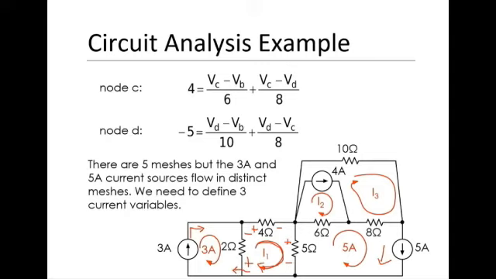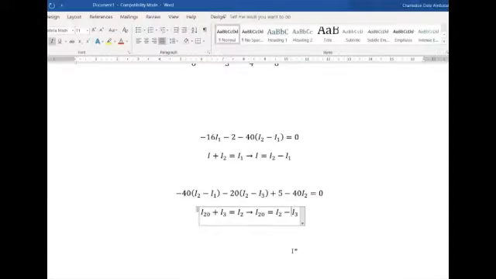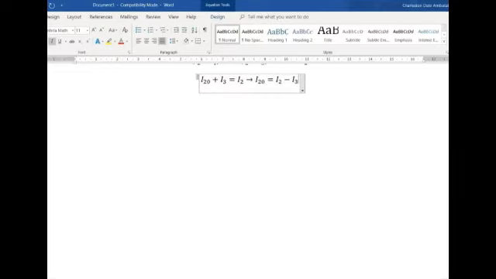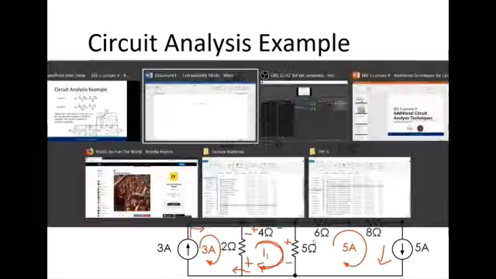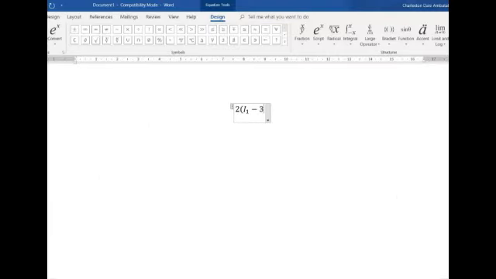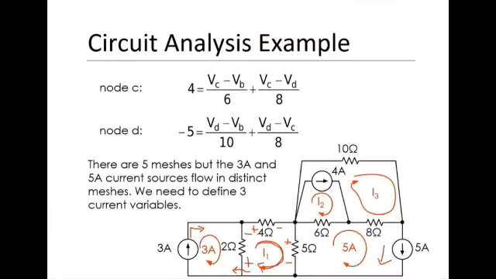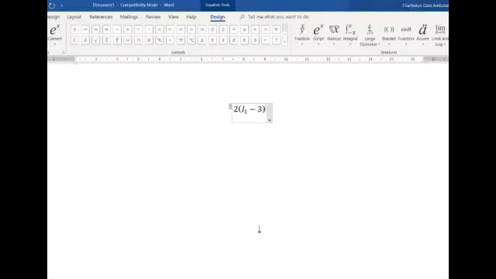So let's write that down here. That is equal to 2 times I1 minus 3. And since there is no adjacent mesh here, it's just I1 that flows through this 4 ohm resistor. Therefore, that's just minus, since it's a voltage drop, minus 4 times I1.